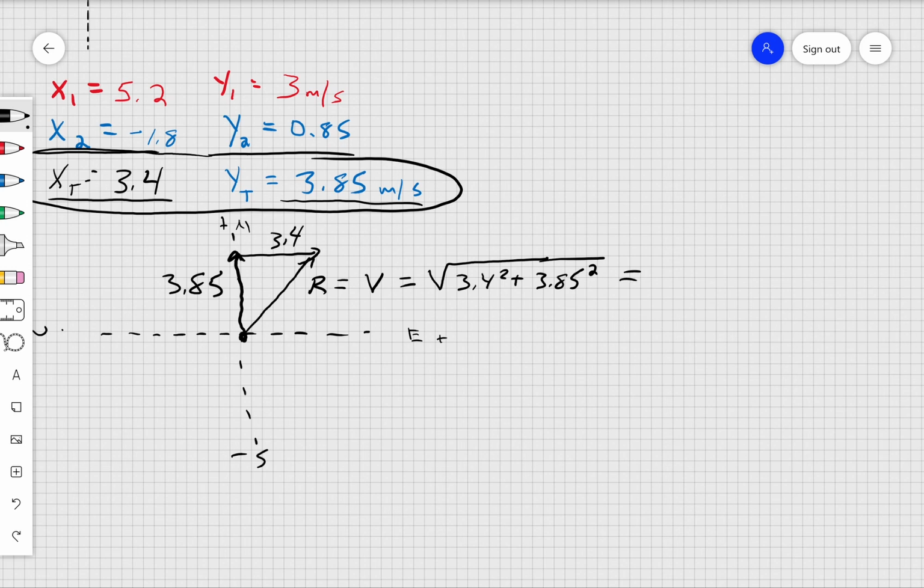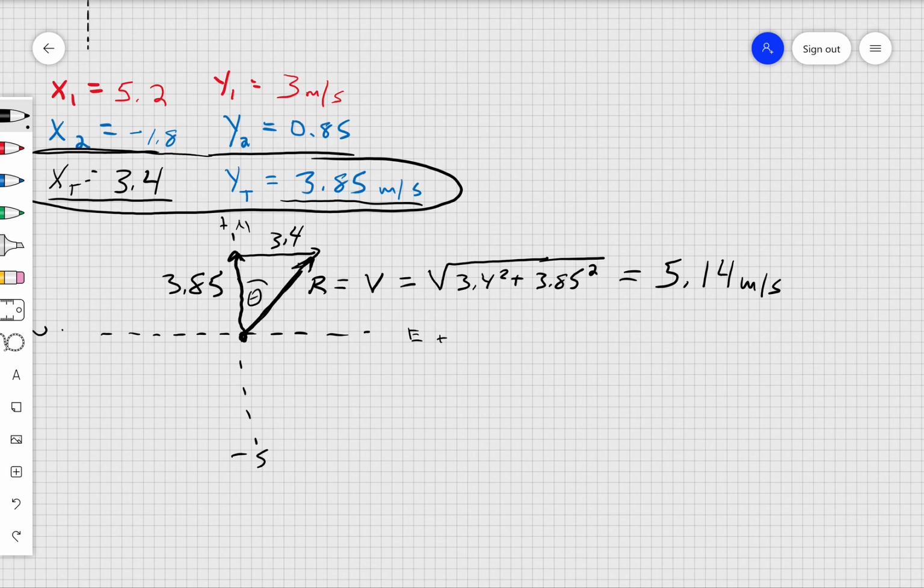And so that's about, let's call it 5.14 meters per second. And we need a direction. This is a vector. We can't say positive or negative. We can't say east or west because this resultant is not on a primary axis, so positive or negative won't work. We need to express an angle.